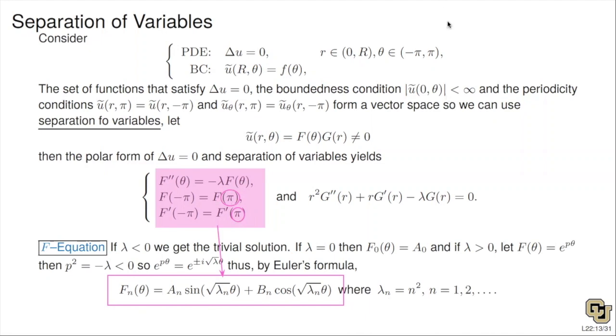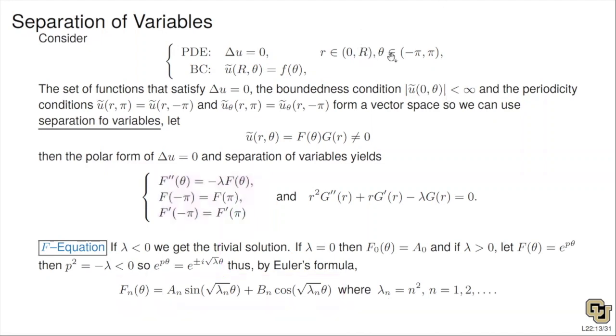This is nothing new. What is new is this G equation. We have not had a G equation like this in any of the separation of variables that we've done. So this is new. The F equation, as I said, we know from heat equation on a ring. Okay, so let's look at the G equation.